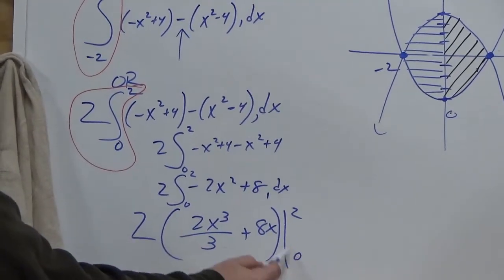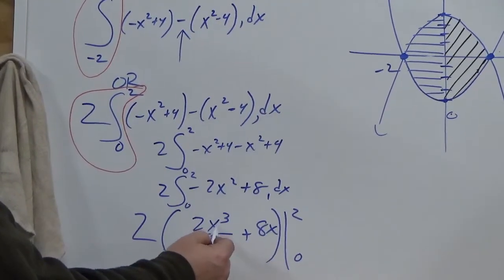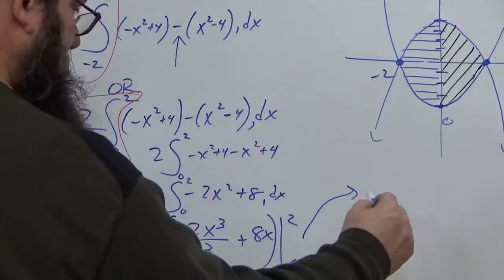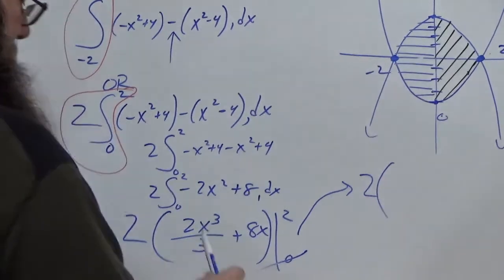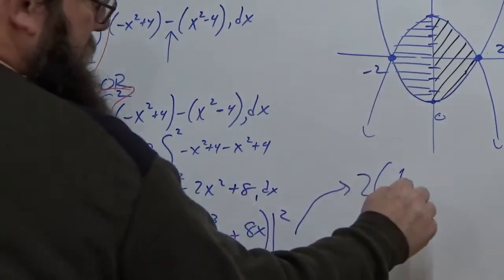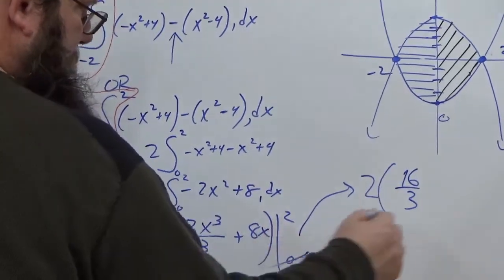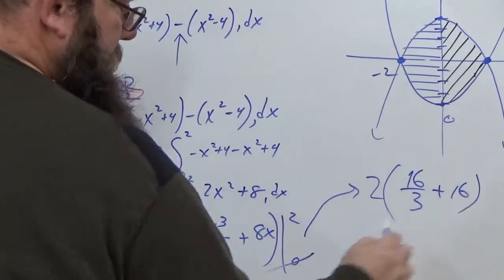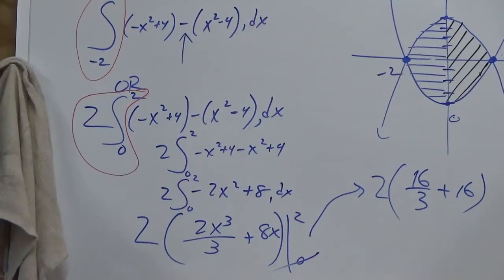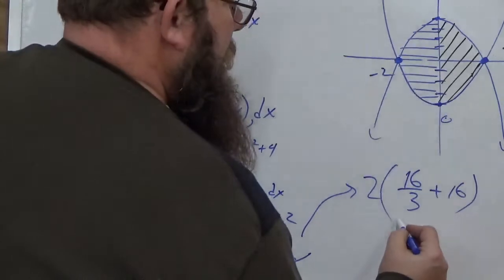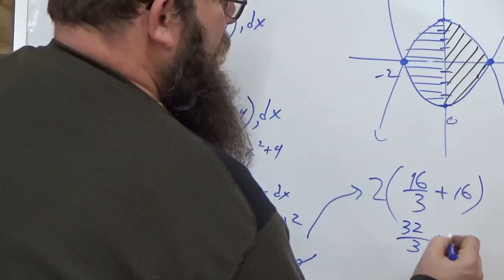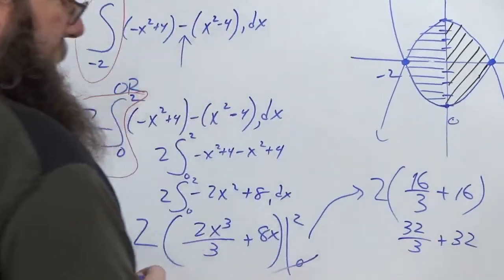Nice. Look what happens when I plug in a 0. Boom, boom. That's going to be 0, that's going to be 0, so that wipes out. So all we have to do here is 2 times 2 cubed is 8. 8 times 2, 16 thirds. Plus 16. 2 times 16 thirds is, let's see, 32 thirds plus 32.